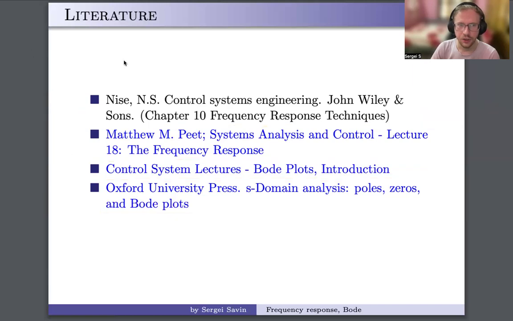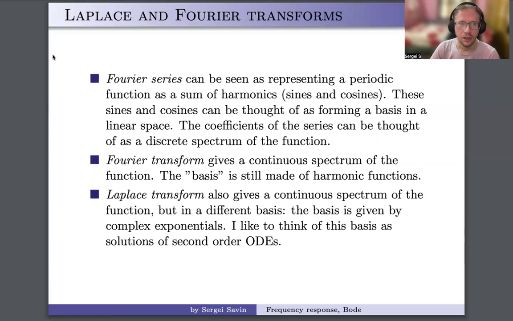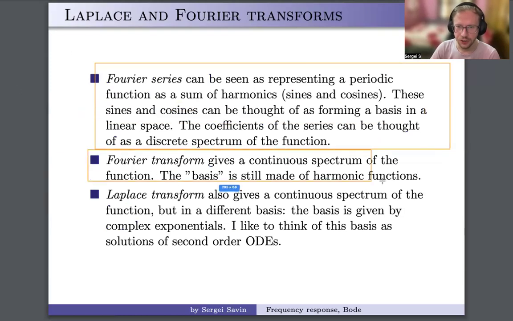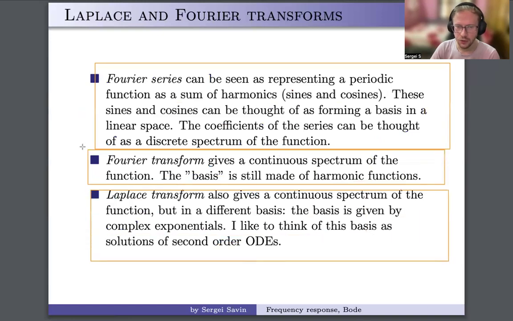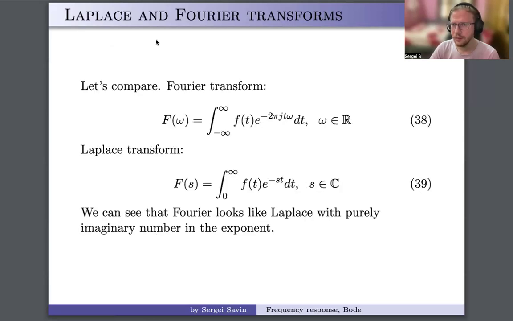If you are interested, also at the end of this lecture, I put a little bit of suggestion of the connection between Fourier series, Fourier transform, and Laplace transform. If any of you are studying signals right now, I'm not sure if you have this course in your curriculum.